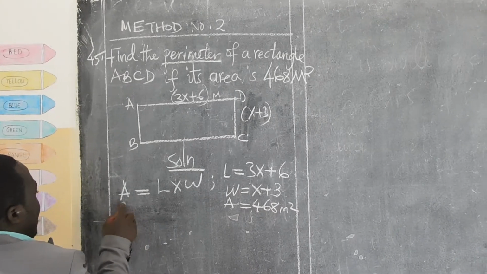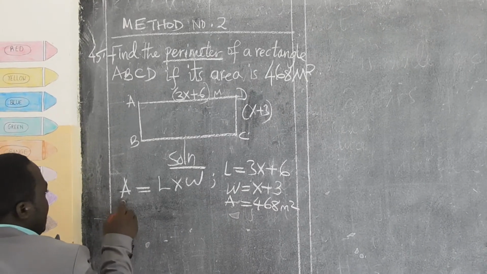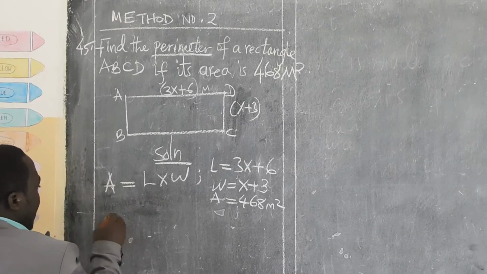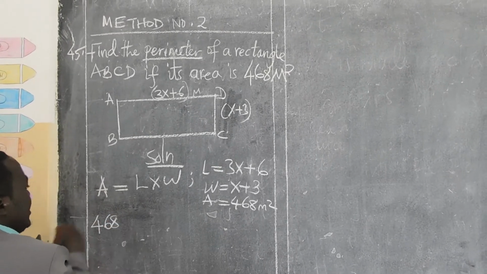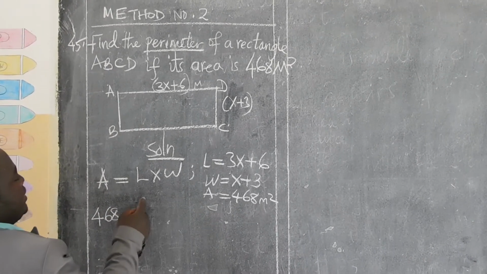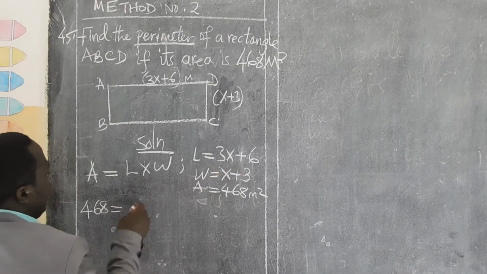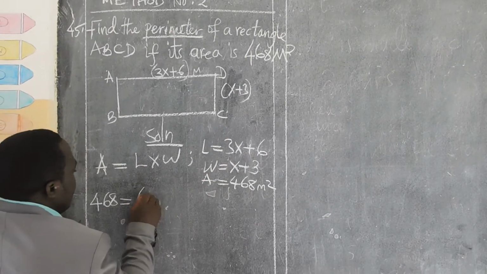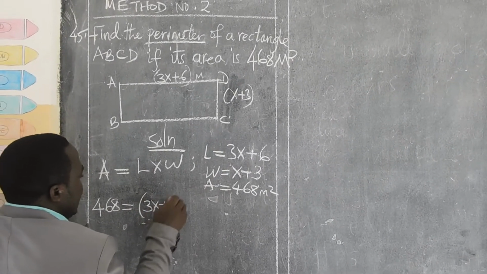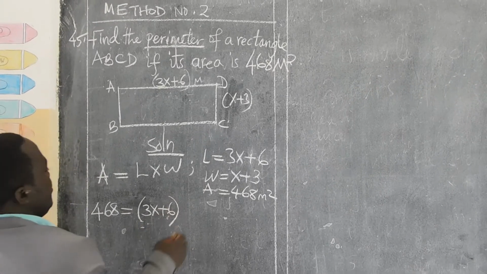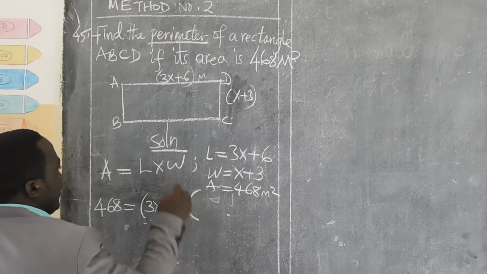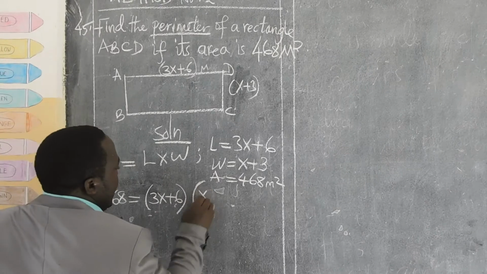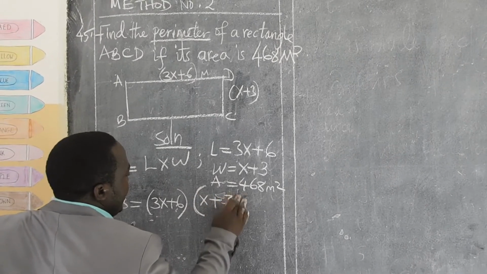So now, instead of A, we put 468 is equal to the length given, which is 3x plus 6, times, we put another bracket for width, which is x plus 3.